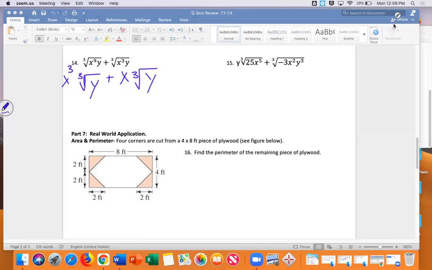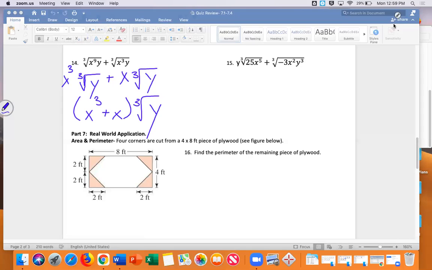I have an x cubed and an x. Not much I can really do there. The only thing I could do if I want to be fancy, Mark, is take out that cube root of y. But I'm not going to really be worried about that too much.